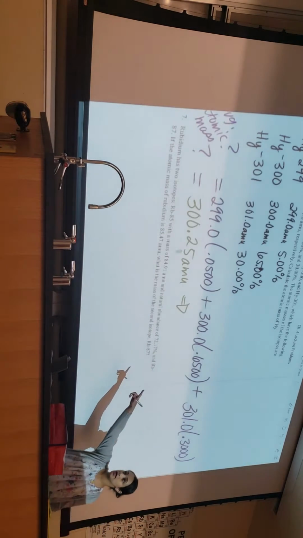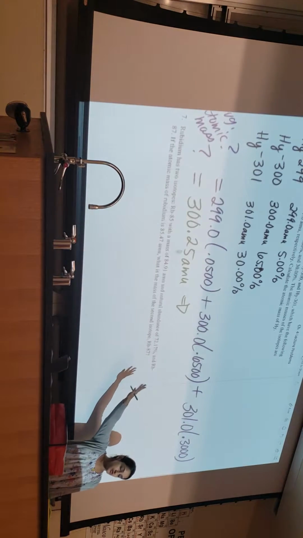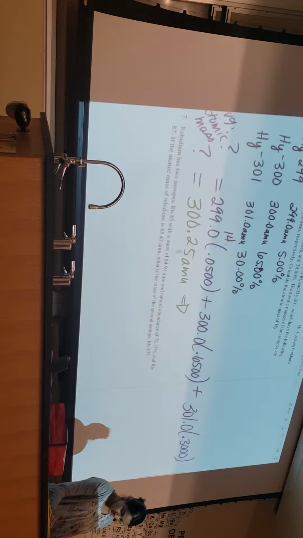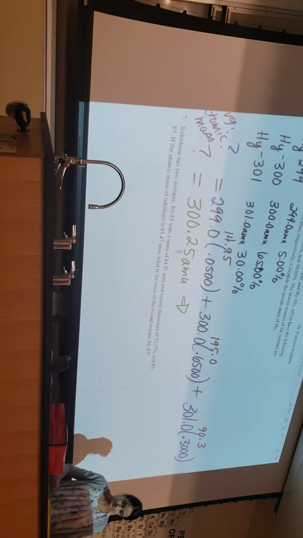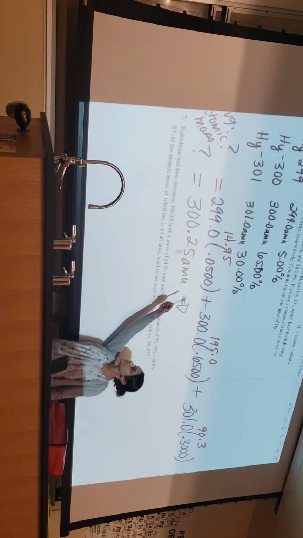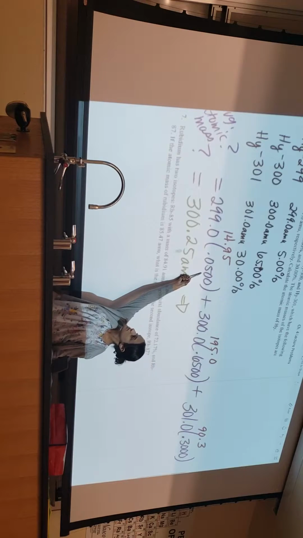So notice it's not exactly 300, 300.25. When you do this first multiplication, you get this number here. Here you get 195, and here you get 90.3. So if I look at this, this number here has how many significant figures?